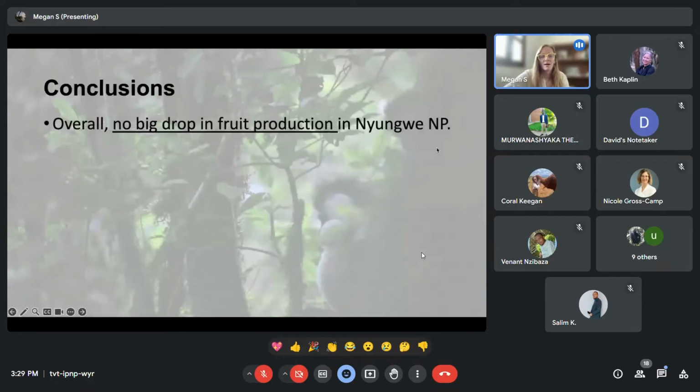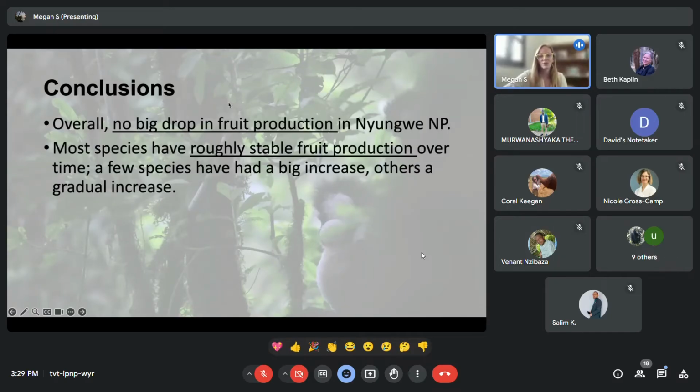My conclusions from the phenology analyses are that overall there's no big drop in fruit production in Nyungwe National Park. Again, this was the opposite pattern to what was seen in the lowland site in that paper from Gabon. So this is pretty interesting and makes us want to look into the reasons why we're finding such different patterns at these two sites, probably related to elevation.